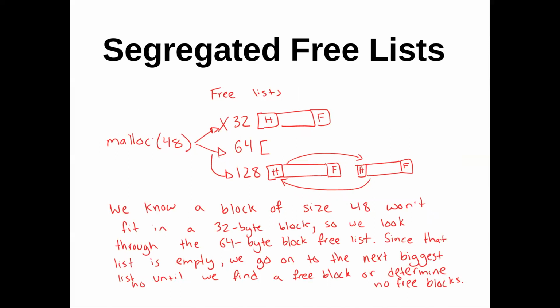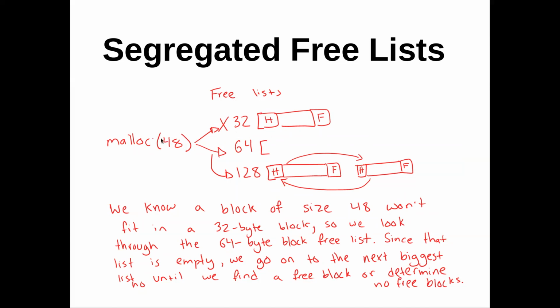So here's what segregated free lists look like. They look sort of like explicit lists that I talked about earlier, except instead of just having one list, you have multiple lists for the different size classes. And size classes are essentially what sizes of allocated blocks each list holds. So when a malloc operation happens, it looks into the appropriate list for what size was passed into malloc.